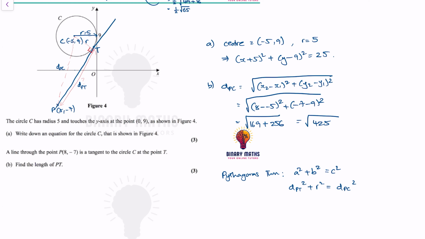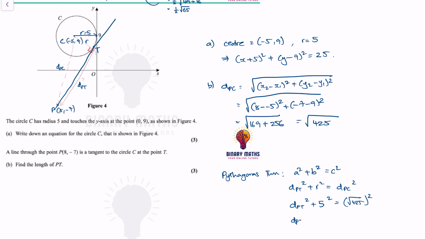Now, PT is what we're trying to find out, so let's just leave it as an unknown. Radius squared is 5 squared, and PC squared is square root of 425 all squared.